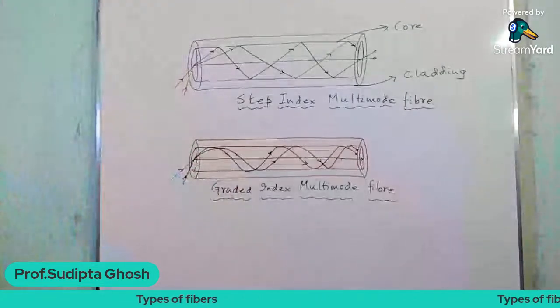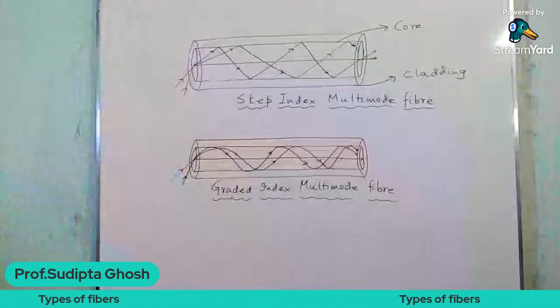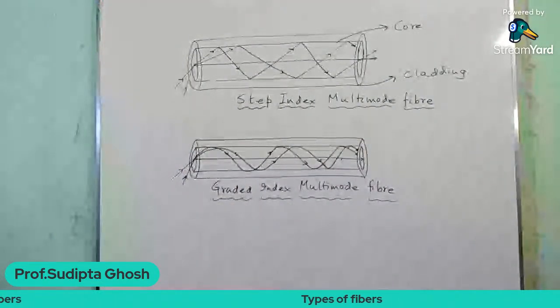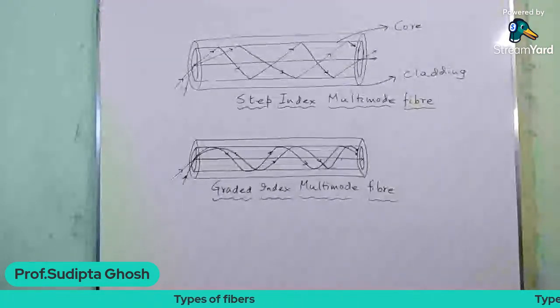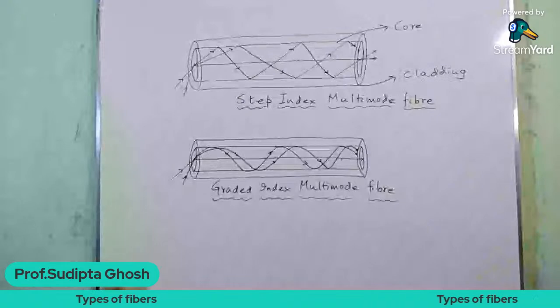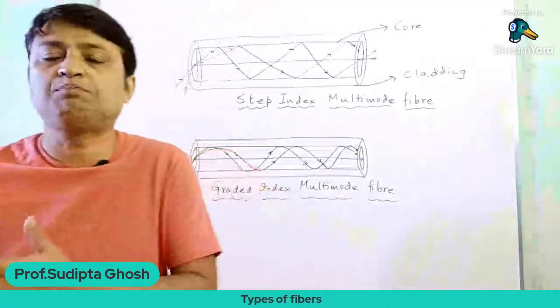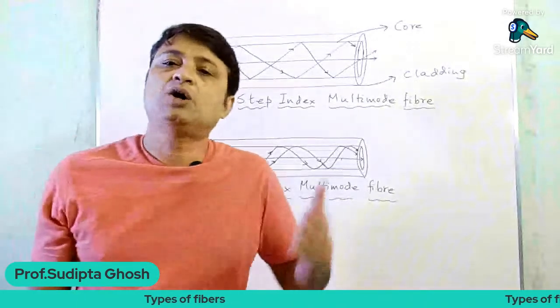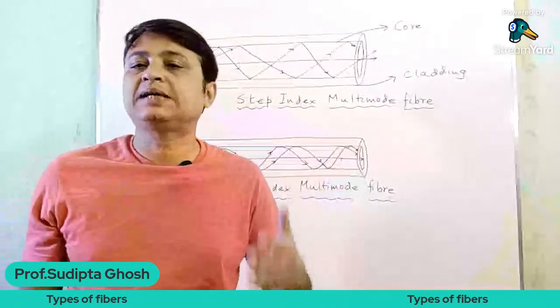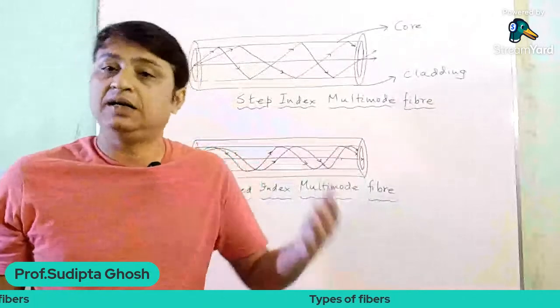Now, as I have told you, depending upon the number of modes propagating along the fiber, optical fibers can be classified as multimode fiber and monomode fiber. So depending upon the number of modes of propagation within a fiber, fibers can be again classified into two.